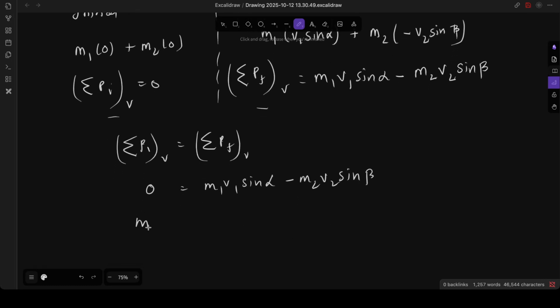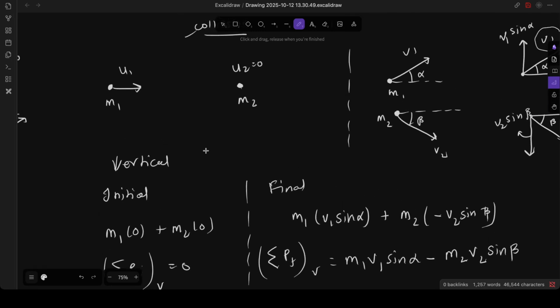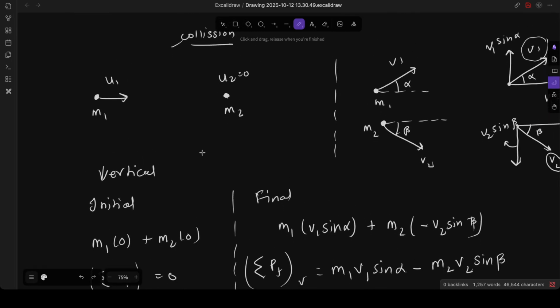That means m1 v1 sin alpha is equal to m2 v2 sin beta. Now one thing you can understand from here, and this is a very important thing you have to remember: if there is no vertical motion, there is only horizontal.